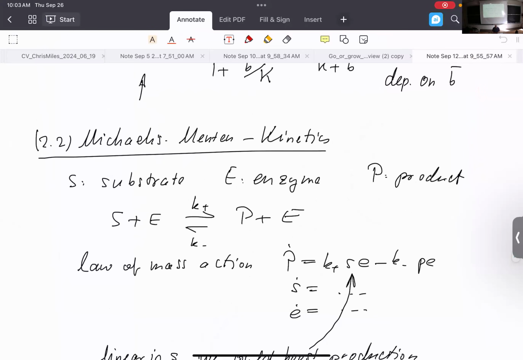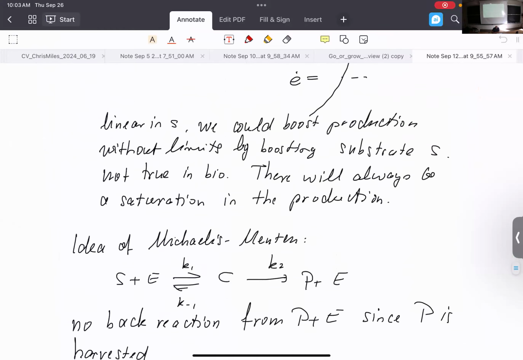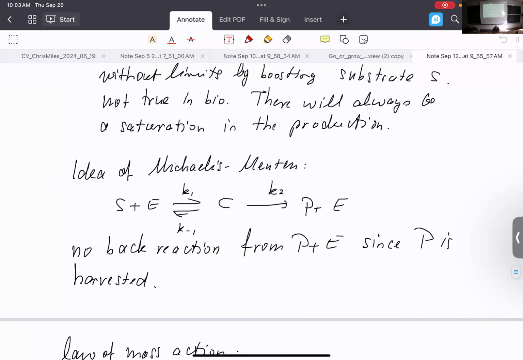Nice. Okay, so we were in the middle of the Michaelis-Menten enzyme kinetics picture. And this is essentially what Natalia would love to do as well, right? We have an arrow diagram, we have a substrate and an enzyme, and they react to a complex C, and then the complex kind of degrades into a product, and we get the enzyme back.